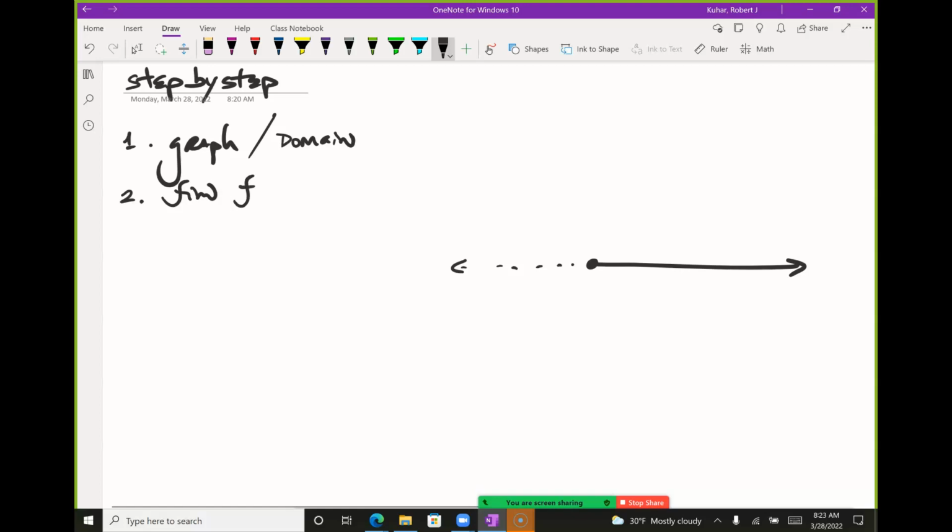So find f prime of x. Really easy. We're not really doing much new here. It's just that the process is horrible. Find the critical values.